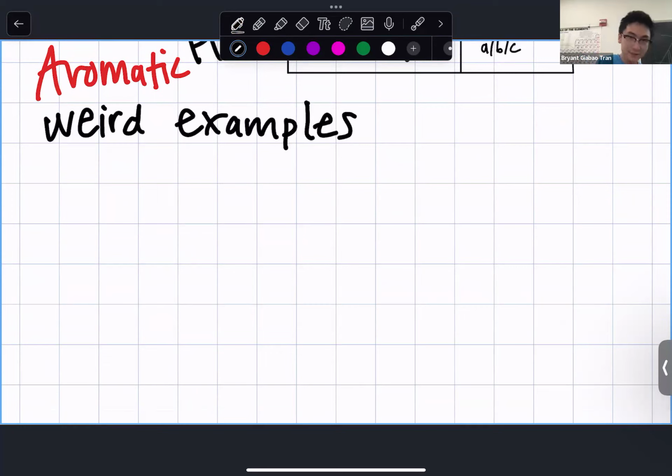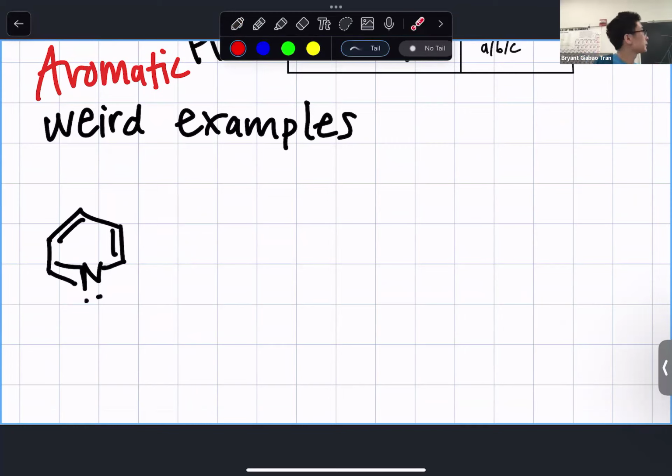Let's say we have something like this. The nitrogen in this ring has a lone pair of electrons, but we see it is also double bonded to another atom in the ring.